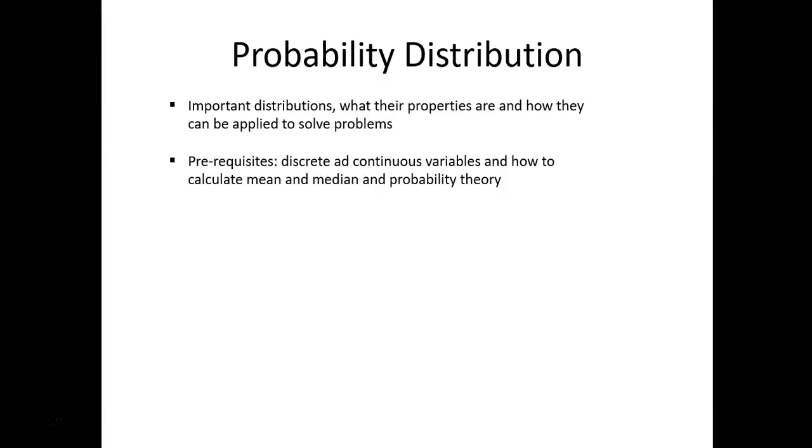problems. The prerequisites for this course are an understanding of discrete and continuous variables and how to calculate mean and median, and probability theory. So some basic understanding of probability is required for this course, and that will help you in understanding various distributions and applying those distributions to actual real life problems.